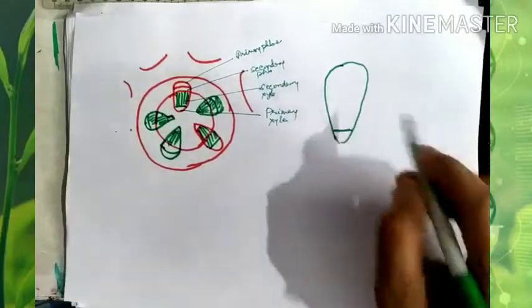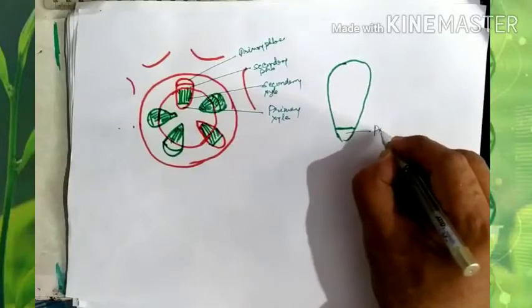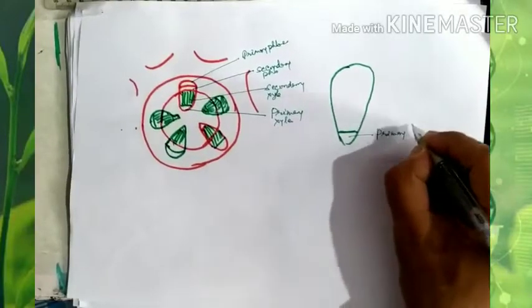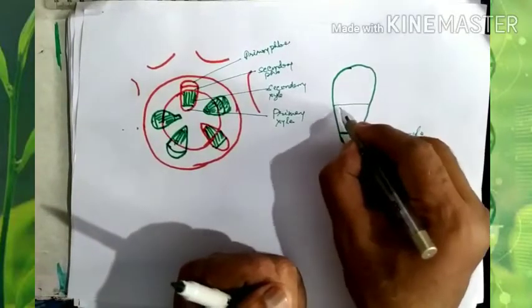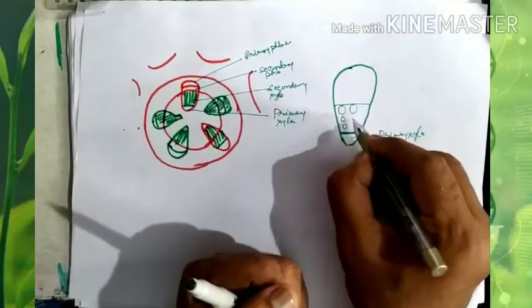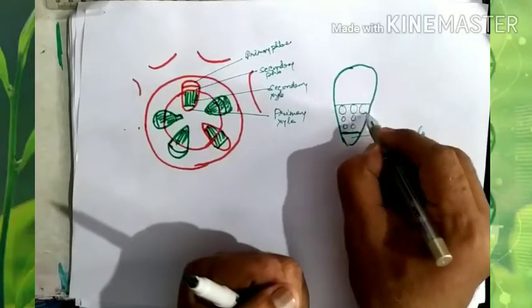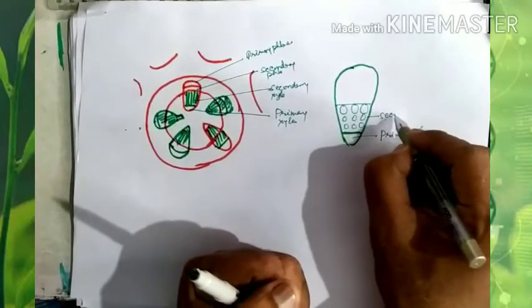This is the primary xylem. These are cells of secondary xylem.